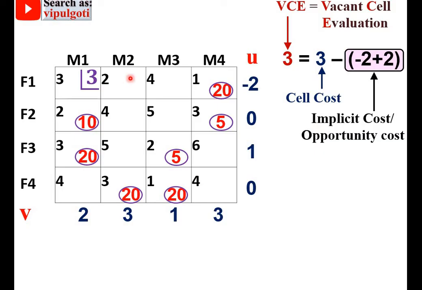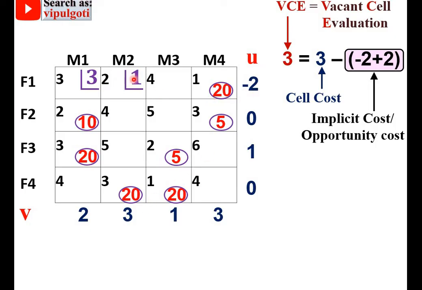Now if I want to find over here, then Cij is 2. Algebraic sum of corresponding U and V, so here it is 3 minus 2, means 1. And that should be subtracted from cell cost, so that you will get 1. Very simple, 2 minus sum of these two values.